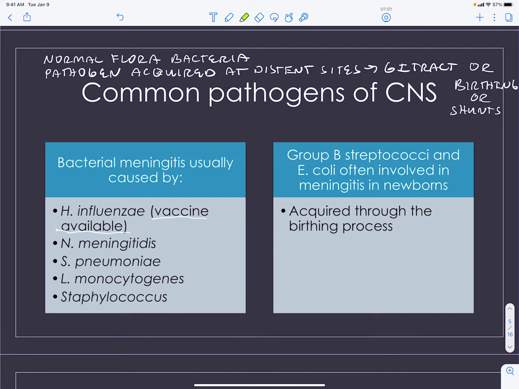Now, of note, group B Streptococcus and E. coli are often going to be acquired during the birthing process, the transmission of the pathogens from the mother to the child in the process of birth. And so these two are normal flora pathogens that get passed most commonly to a newborn.